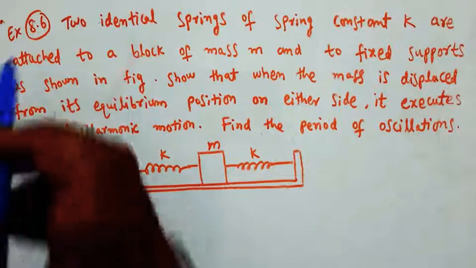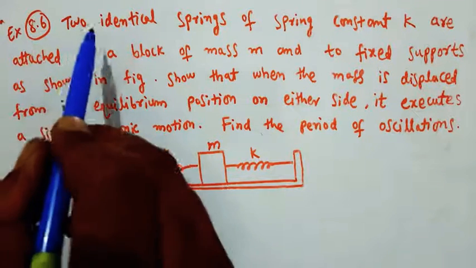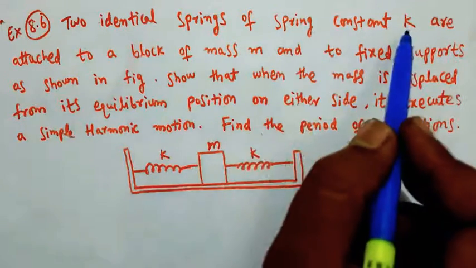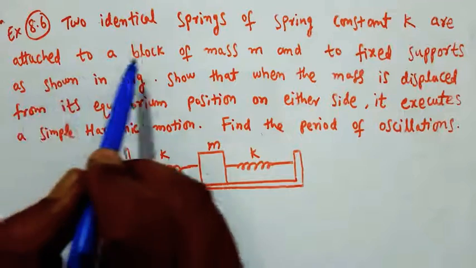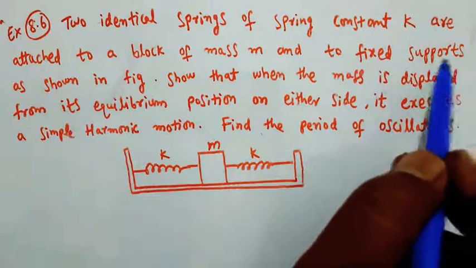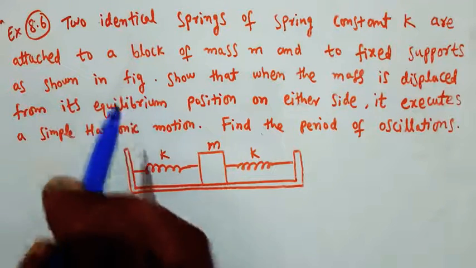Example problem 8.6. Two identical springs of spring constant K are attached to a block of mass M and two fixed supports as shown in figure.